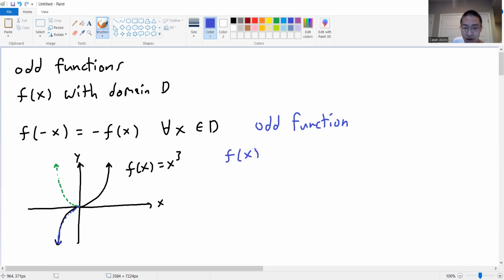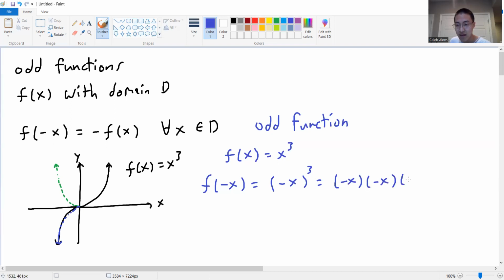okay, well, if I have f of x is equal to x cubed, then I start by plugging in minus x, that's always the first step. What happens? I'm going to replace every x with minus x. In this case, I get minus x cubed. Well, that means we have minus x times minus x times minus x. I know that the negative one here and the negative one here are going to cancel, and so I really have x squared times minus x.